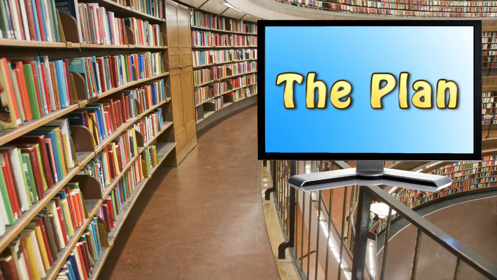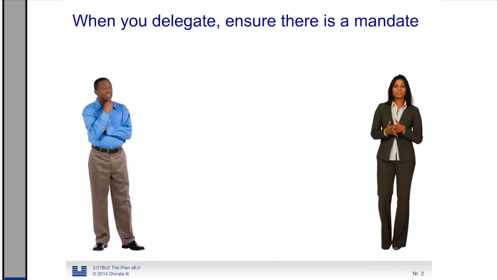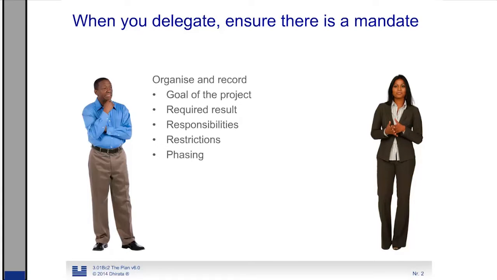In this module, we're going to explain how you develop the plan for the project that you need to deliver. When you delegate a project to a project manager, you need to take care that there is enough mandate for the project manager who is going to manage the project. Often we write down the goal of the project, the required result, the responsibilities, the restrictions or constraints, and the phasing.